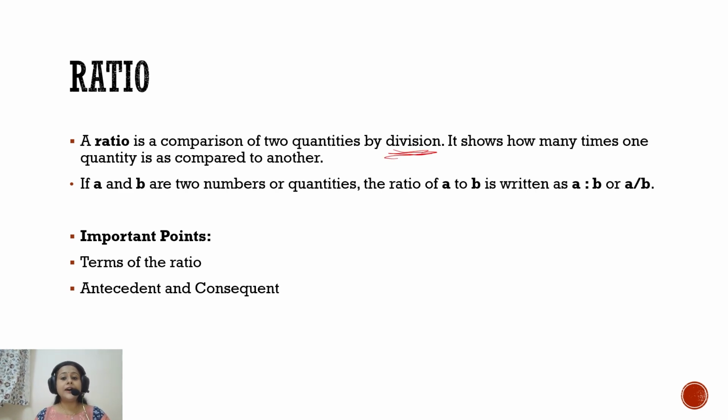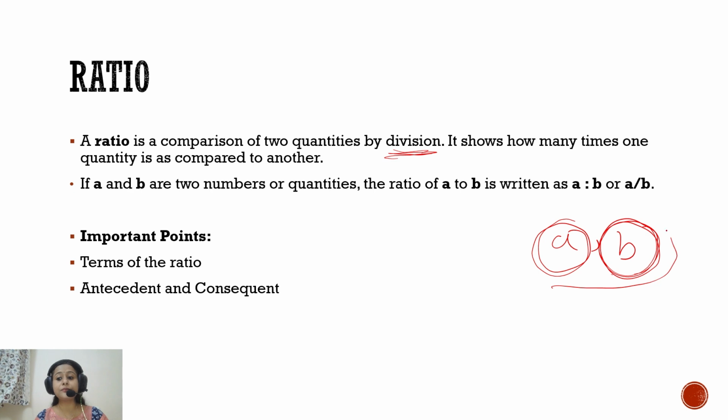Suppose there are two quantities A and B, it shows how many times A is to the other quantity B. So it represents one quantity in terms of the other.